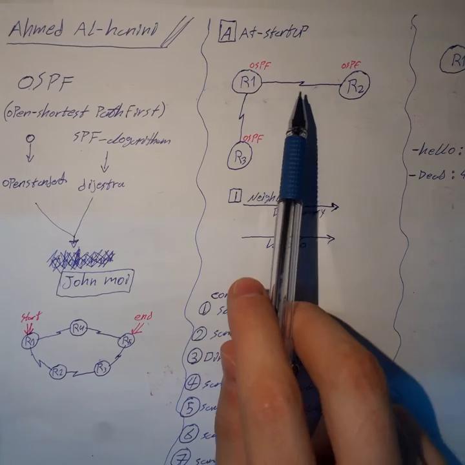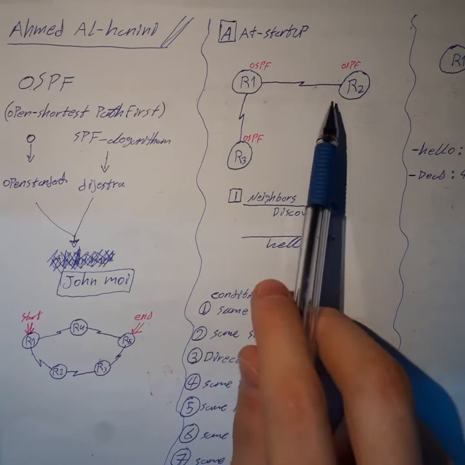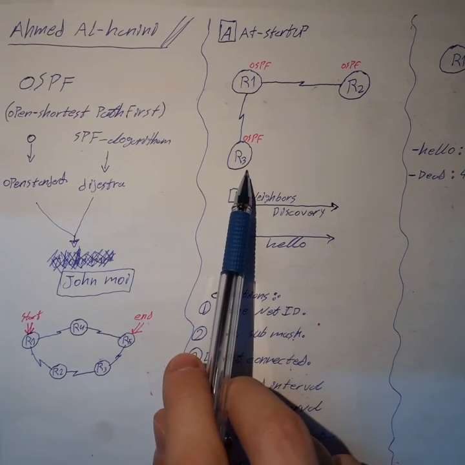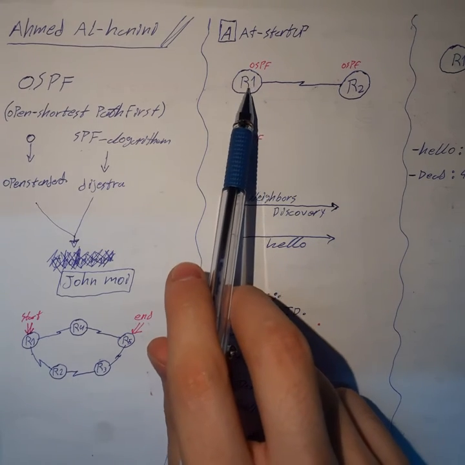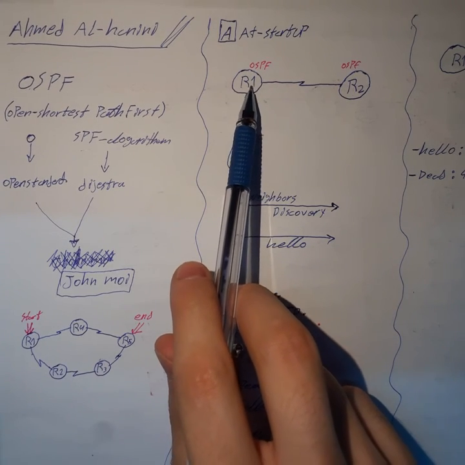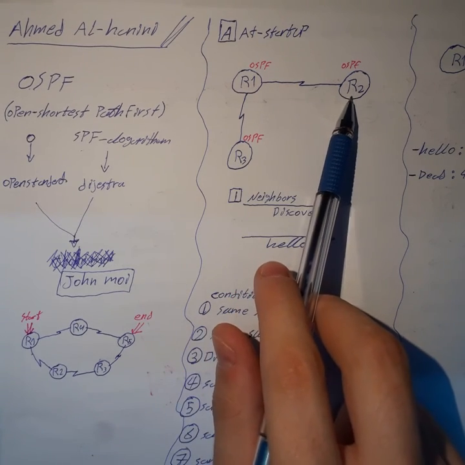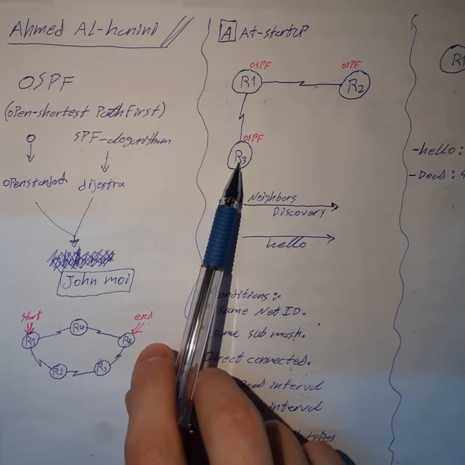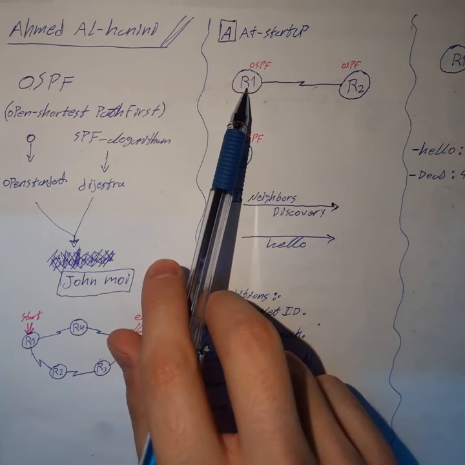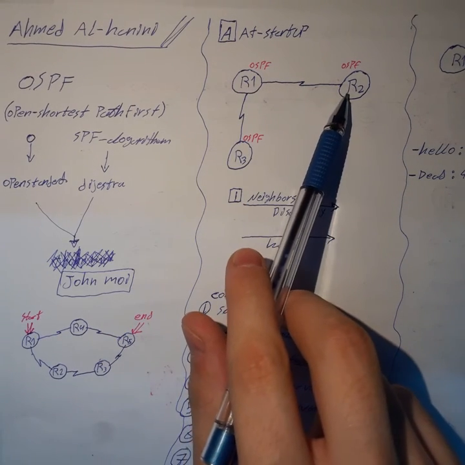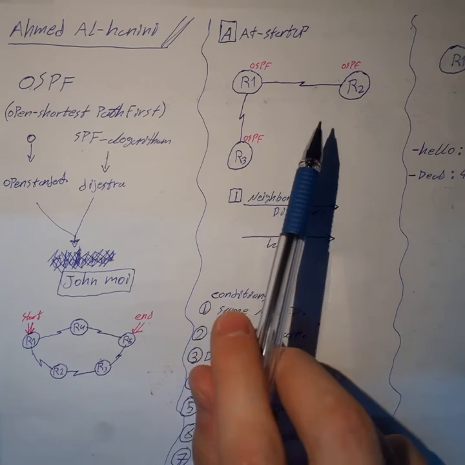Router 2 will send a neighbor discovery to router 1. It cannot send to router 3, as that is not its neighbor. But R1 is a neighbor with router 3 and router 2. Router 3 is only a neighbor with router 1, so it cannot send a neighbor discovery to router 2.